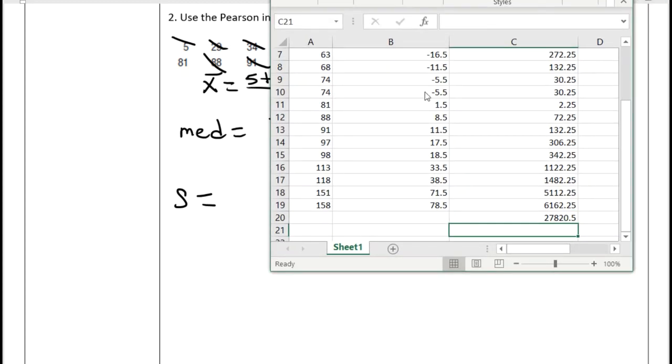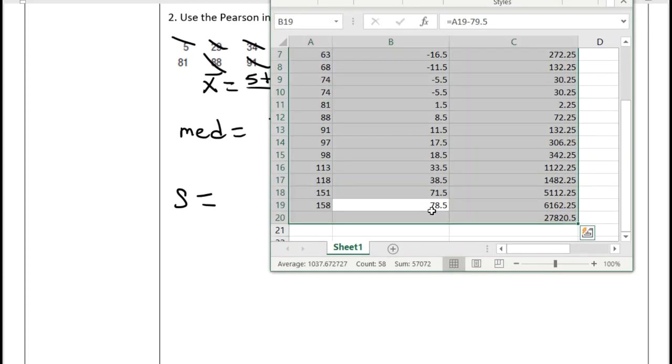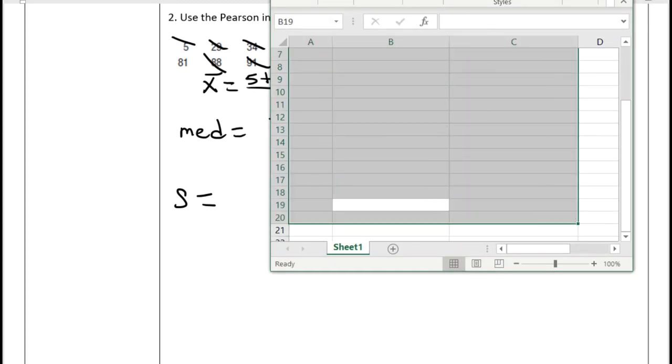So I'm going to go ahead and list out all of the data in Microsoft Excel, and let me make this a little larger.